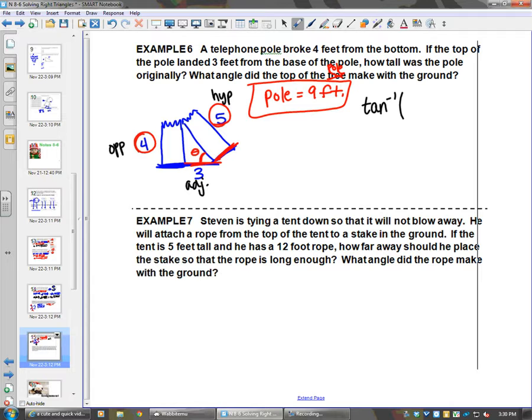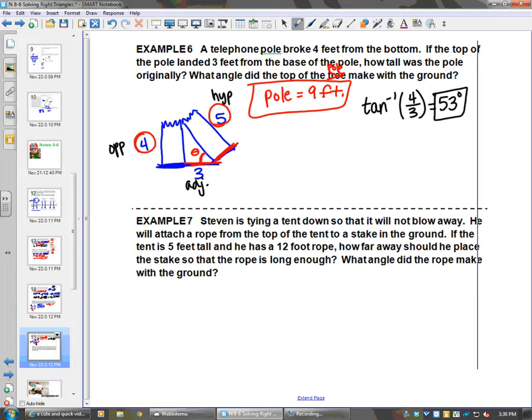And that's the hypotenuse. So opposite over adjacent is going to be 4 over 3. And when you type that in the calculator, what do you get for the angle measure? 53 degrees. You will get the same value if you did sine or if you did cosine. Any of those would work on this one since we have 3 pretty side lengths to be able to choose from. Okay?